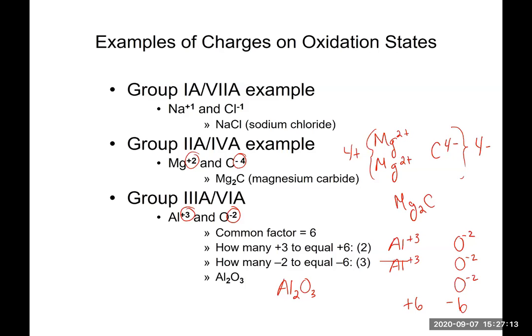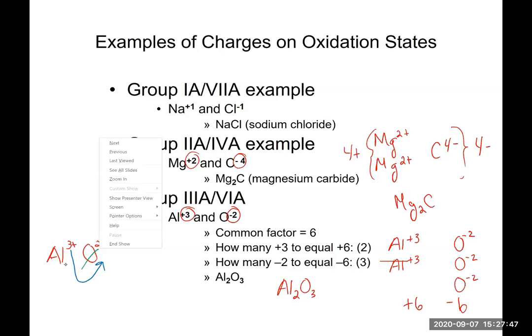Now there's a little shortcut that you can take, but you've always got to go back to the basics and use this math to make sure that you're at the lowest common multiple. But the shortcut that we can use is we have aluminum with the 3 plus, and we have oxygen with the 2 minus. And the little shortcut is that we put the 3 right here, and we put the 2 right here.